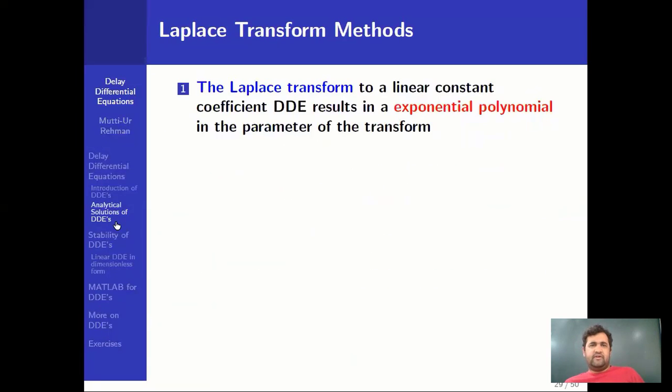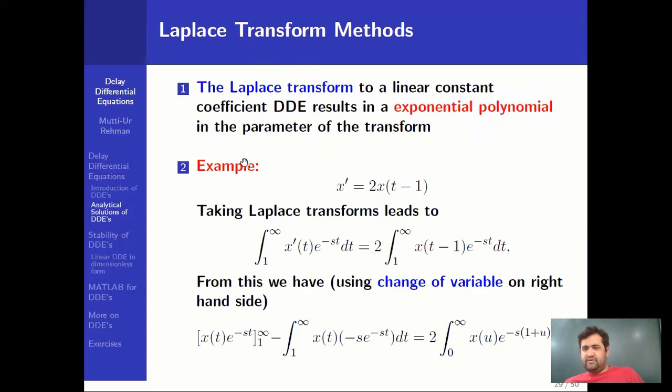Okay, so our second method is the Laplace transform method. It's the analytical treatment of our delay differential equation. I consider a very simple example, which is a first order delay differential equation.